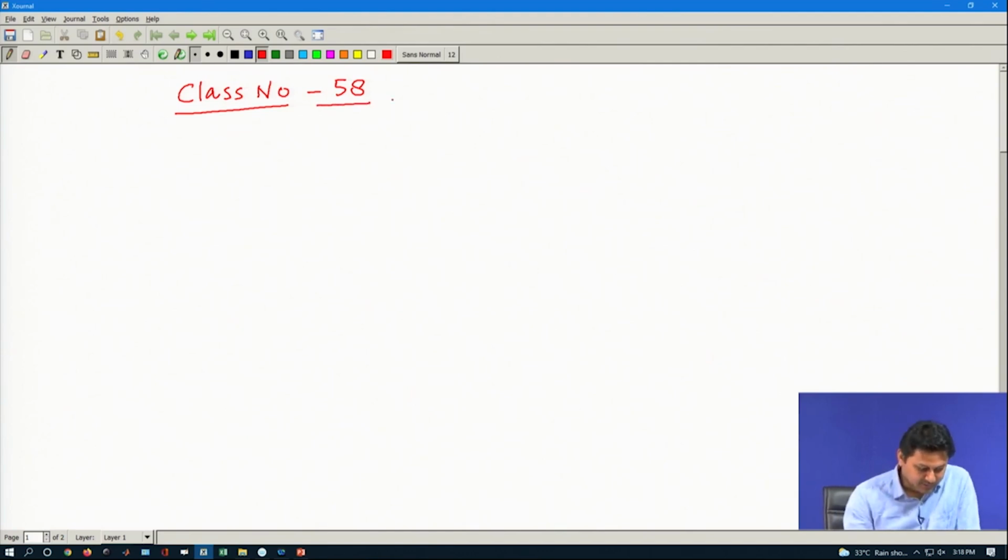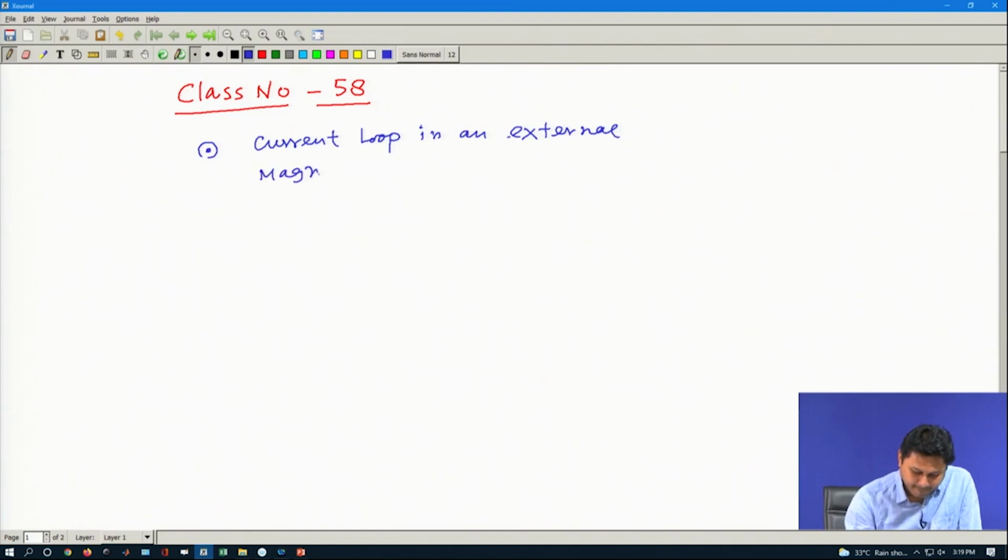In the last class our topic was a current loop in an external magnetic field.